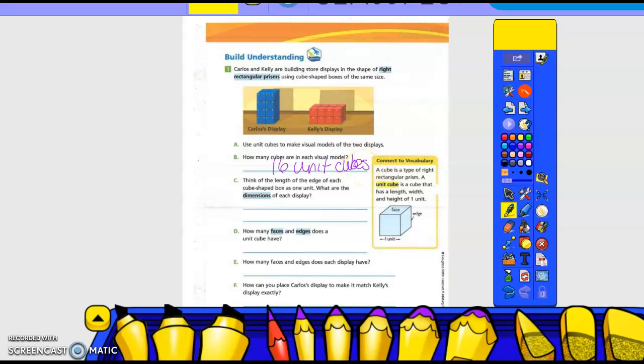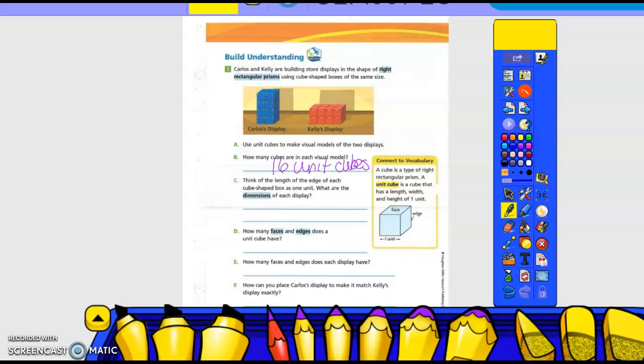Okay, and a cube is a type of right rectangular prism. A unit cube is a cube that has a length, width, and height of 1 unit. So think of the length of the edge of each cube-shaped box as 1 unit. What are the dimensions of each display? So if each of those have 1 unit, so this would be what? 2.